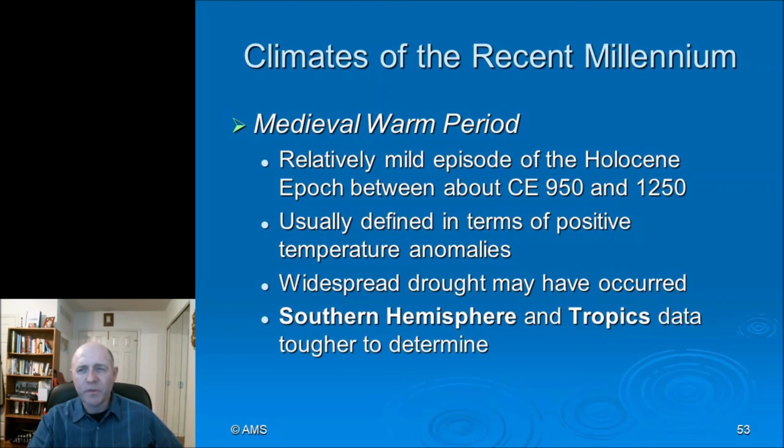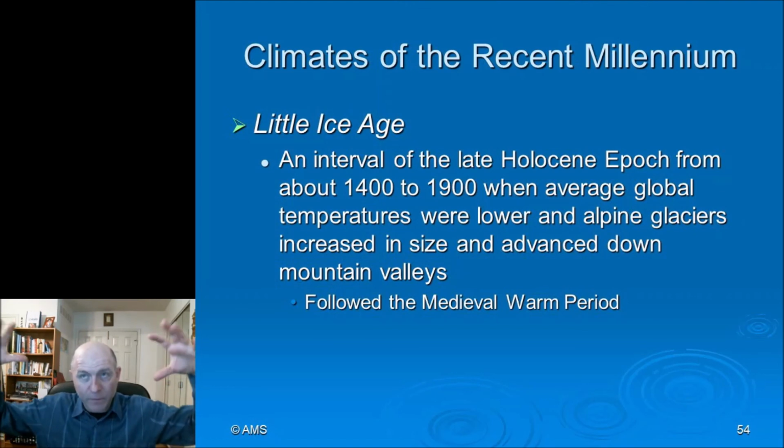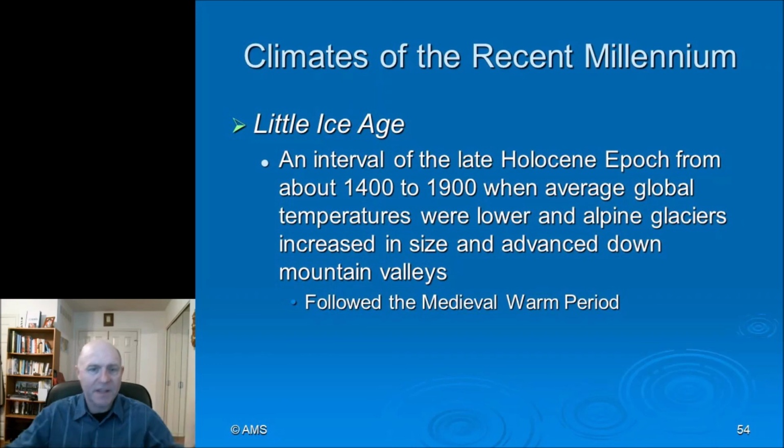So we don't think the medieval warm period was a dominant global warm period. Same thing with the little ice age. It was this period between 1400 and 1900 when the average global temperatures were lower, and glaciers began to grow in alpine areas, and start to kind of grow downward from mountaintops toward the valleys. And this, coming right after the medieval warm period, was quite a shock to the people who were living during that time.